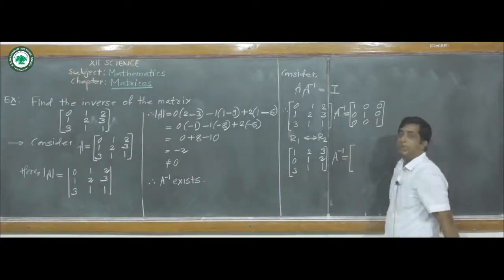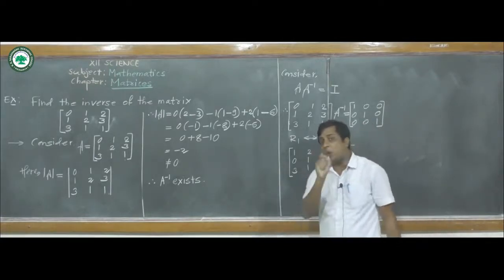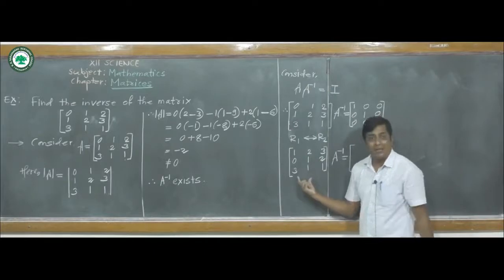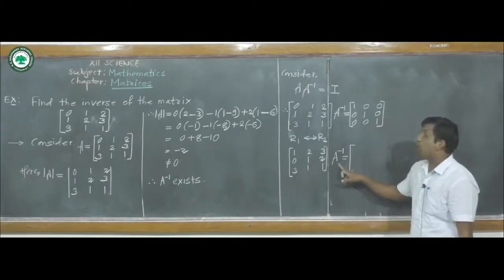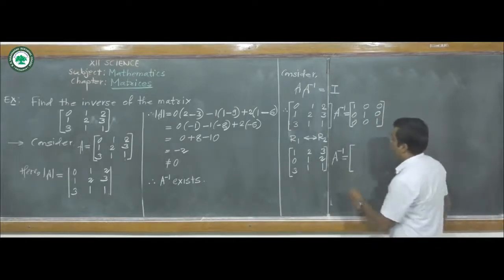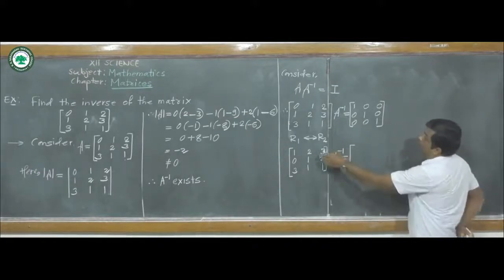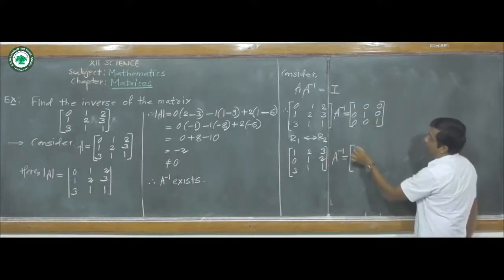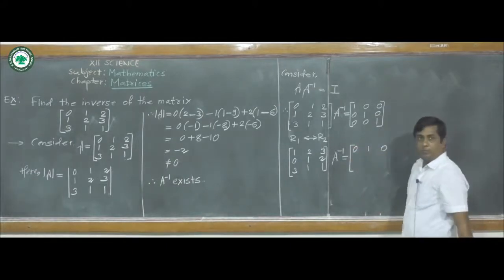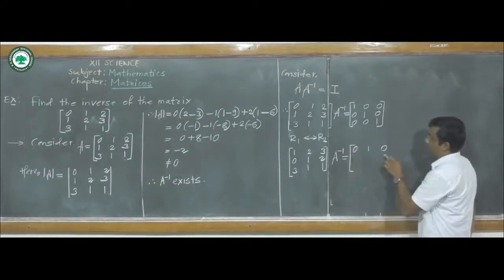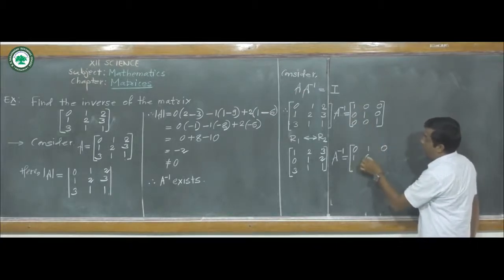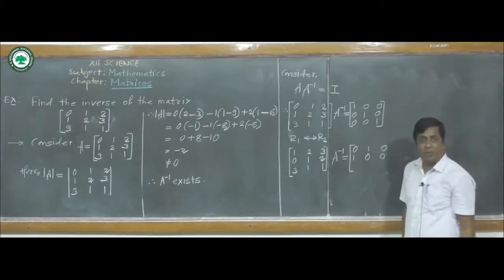Remember, we perform the transformation only on A and on the RHS, not on A inverse. So again we replace the first row by the elements of row second, that is 0, 1, 0. Then for the position of row second we consider the elements of row first, that is 1, 0, 0.